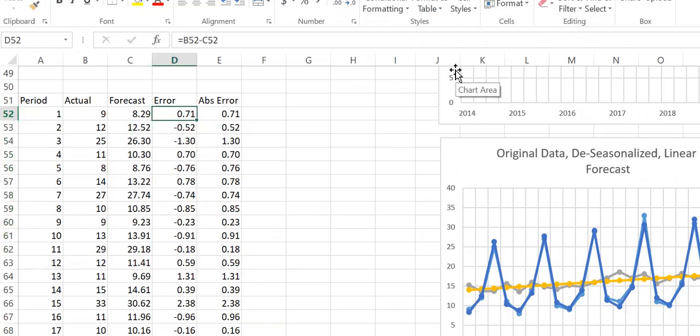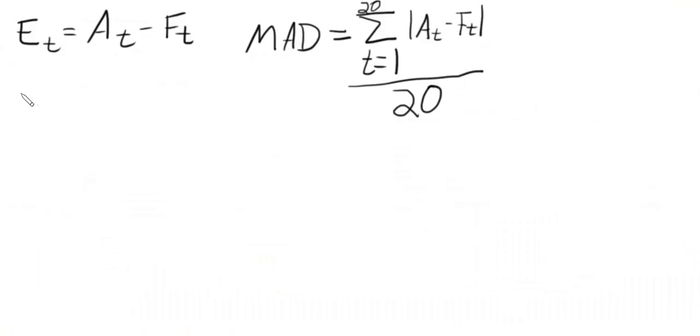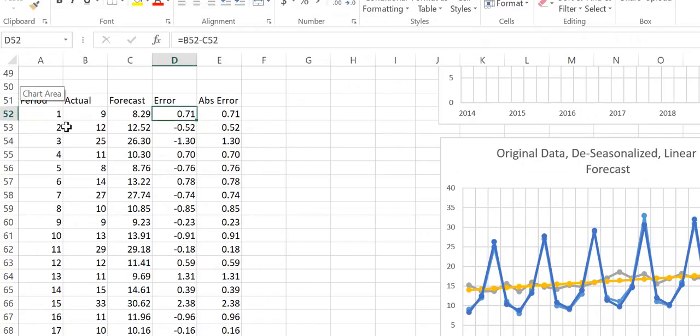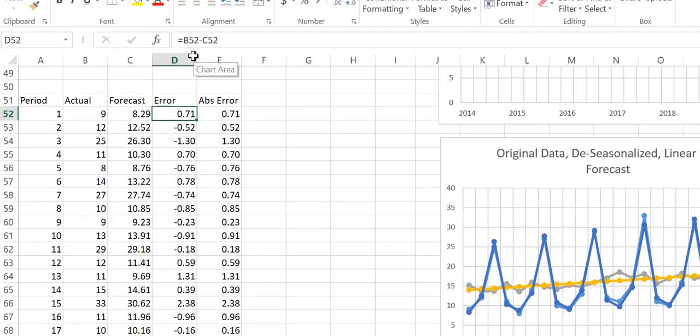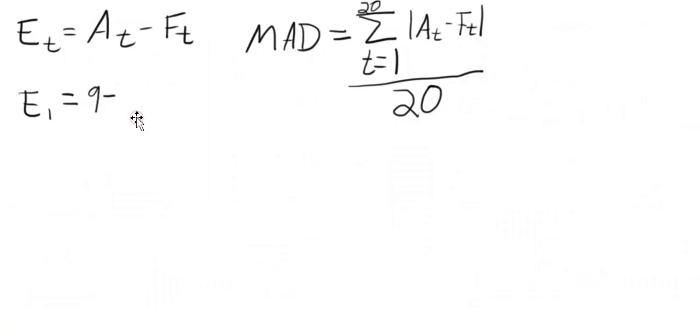So for example, in the first period the actual is 9, and the forecast right here was 8.29. So we get 0.71 as the error for the first period.